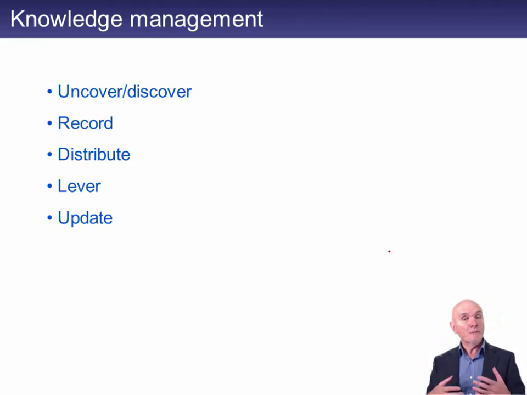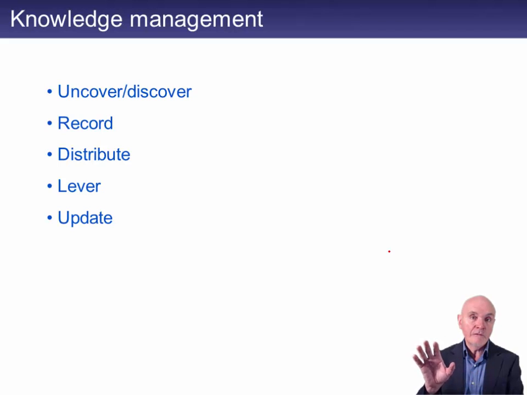And ultimately you want to update it. You don't want knowledge stuck in somebody's head, which is out of date. They haven't kept up to date maybe with new regulations. But if you don't get it out of somebody's head, you can do none of this. And as I say, it's very precarious for a company if they lose people with a lot of tacit knowledge.